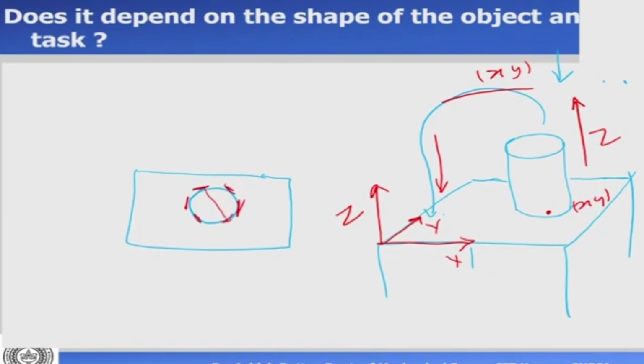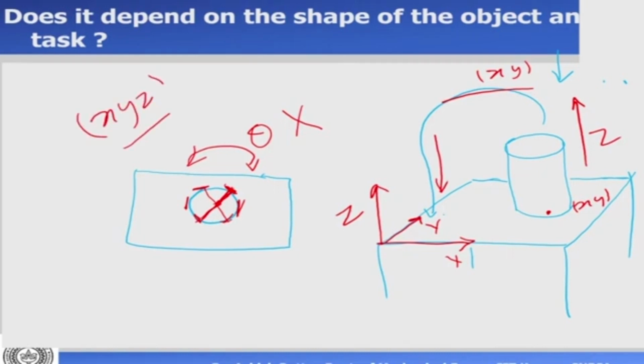As long as they are diagonally opposite, it's fine. Because this is a circle in the top view, it doesn't matter where you place your fingers. So you have the freedom. The degree of freedom theta that we had is not required here, because you don't need to rotate when catching. It's a cylinder, you can catch it in any orientation. So in this particular case, it is X, Y, and Z.